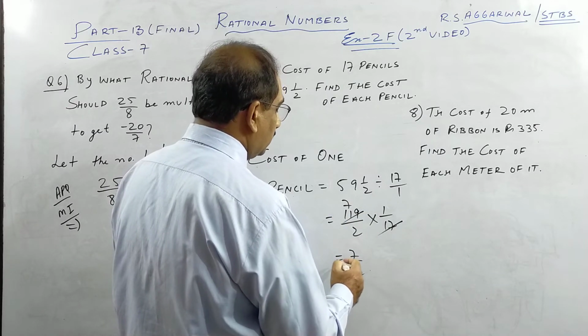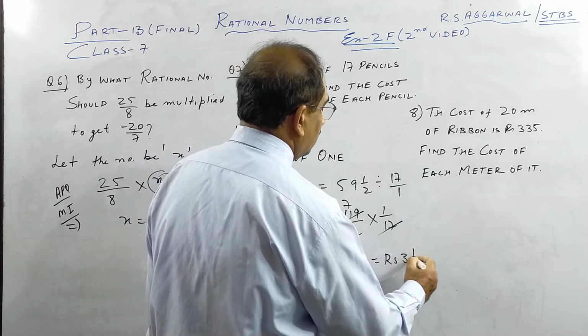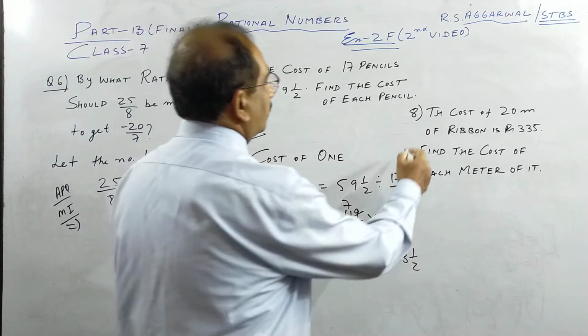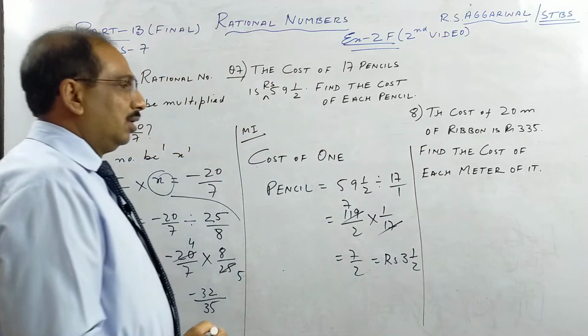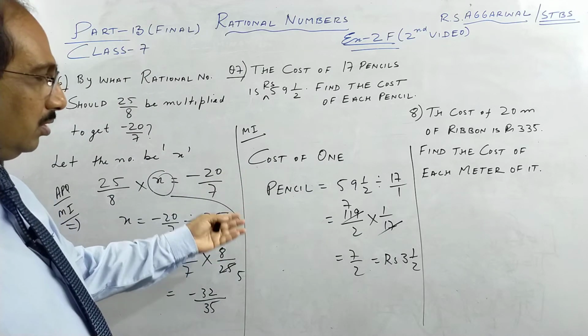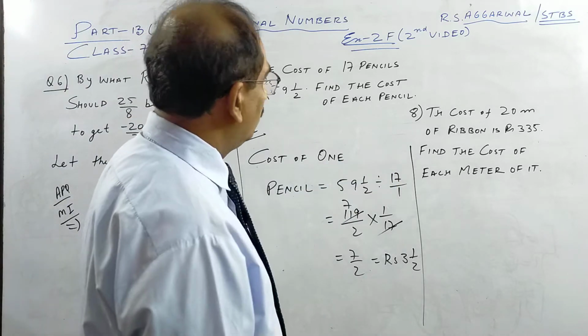So each pencil is rupees 7.5, which is rupees 15 by 2 if you convert it to a fraction. Please pause the video, take a screenshot, copy. Then, very similar, we move on to question number 8.